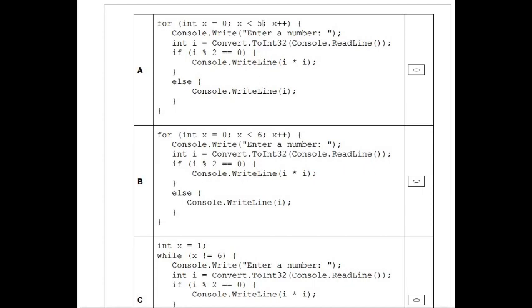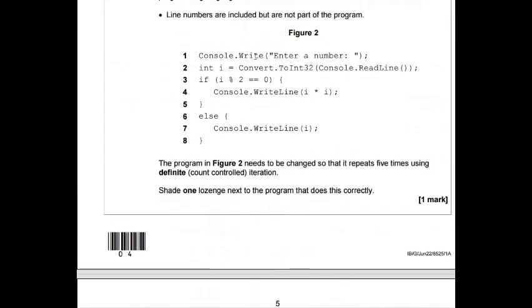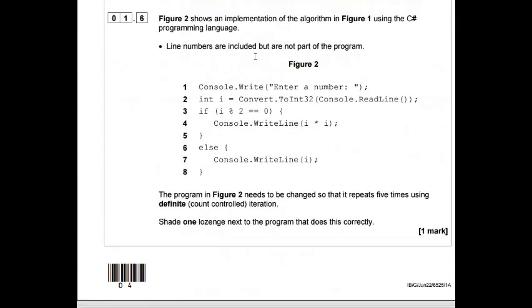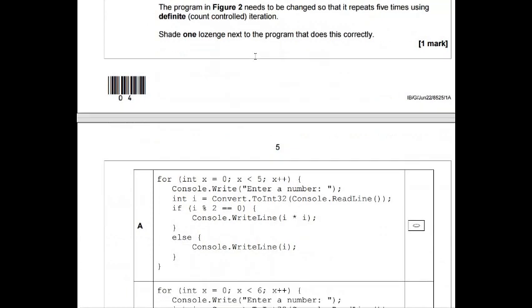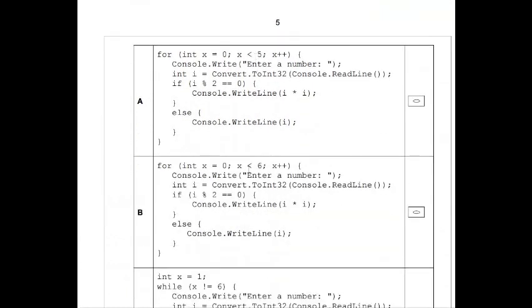But the key difference, if you have a look, is that we essentially want it to do it 5 times. If you have one careful look, if you said B, you'd be wrong, because if you notice, it's got a 6.